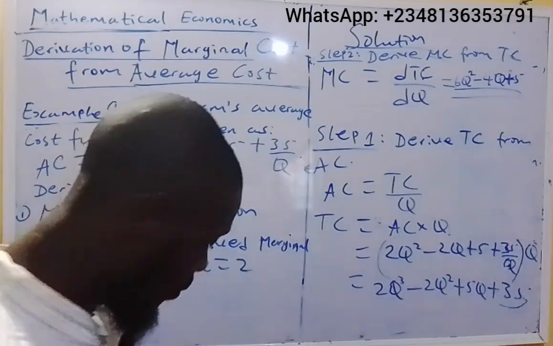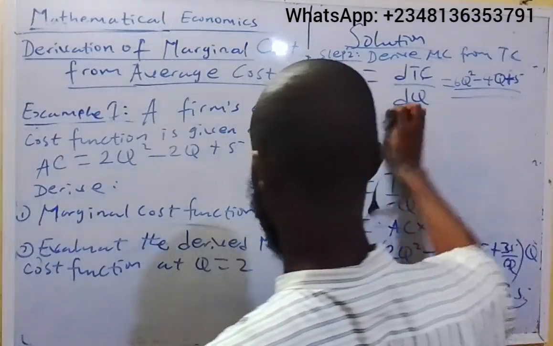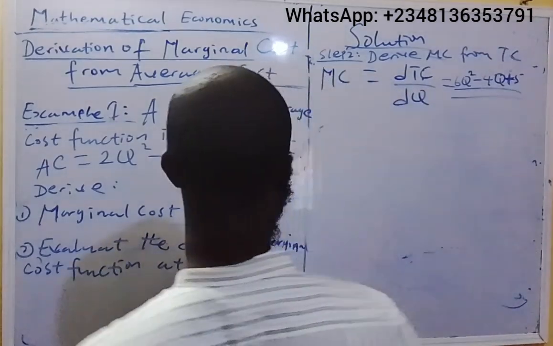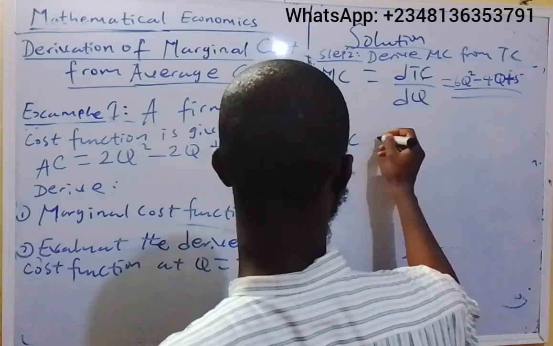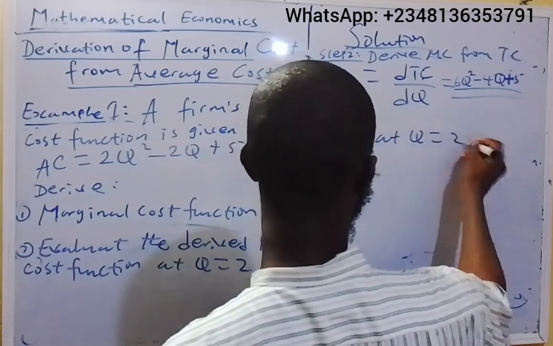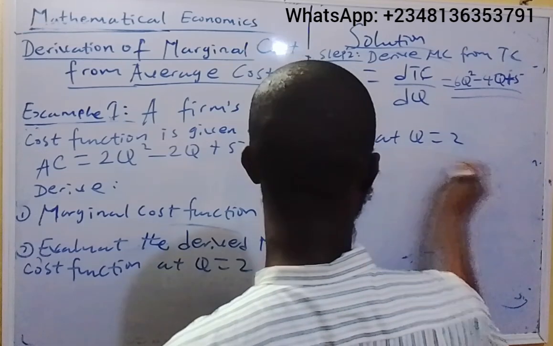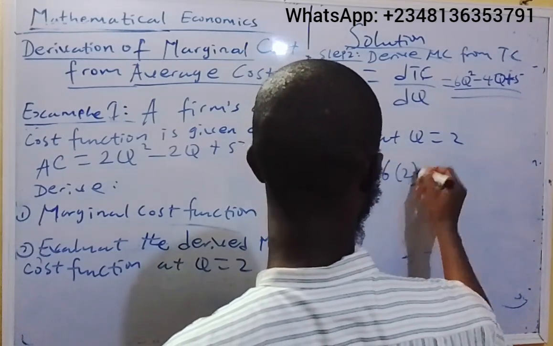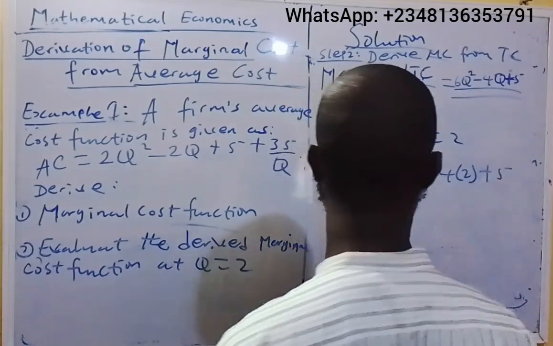Okay, so the next question, question 2, says evaluate the marginal cost function derived at q equals 2. In other words, our MC at q equals 2. So we have MC equals 6 into bracket 2 squared, minus 4 times 2, plus 5.